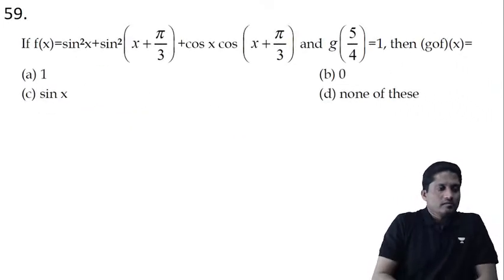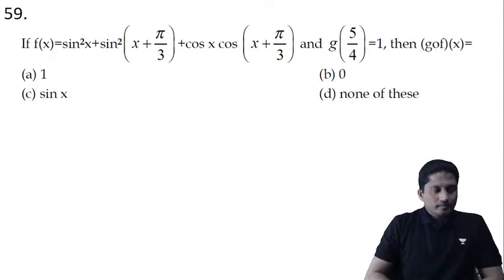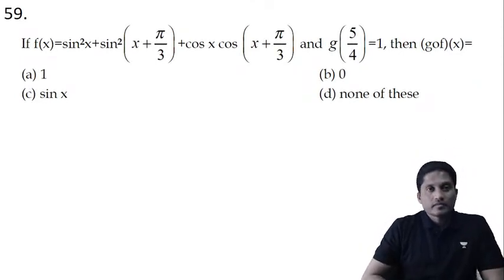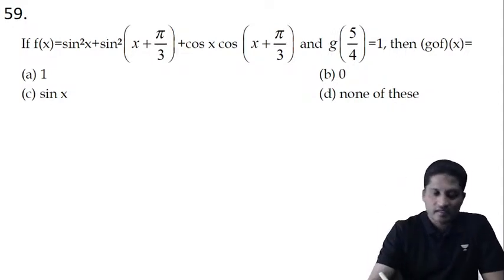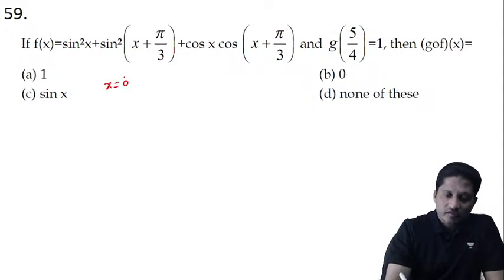Right, question number 59. If it is true for x, then it should be true for any value of x. If I put x equal to 0, f(x) is sine 0 which will be 0, plus sine square of pi by 3, plus cos 0 and cos of pi by 3.